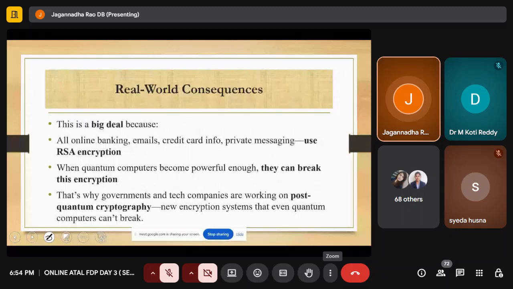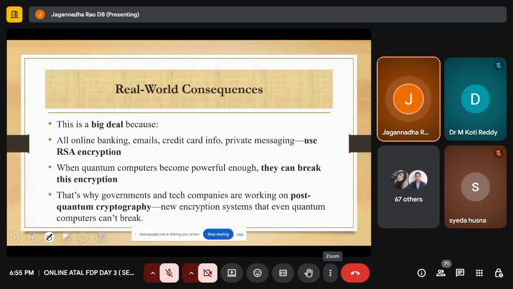So this is a big deal. Why? Because all online banking, email, credit card information, and private messages use RSA encryption nowadays. In case quantum computing is fully implemented, all the asymmetric key algorithms used in these applications, everything, we can break.